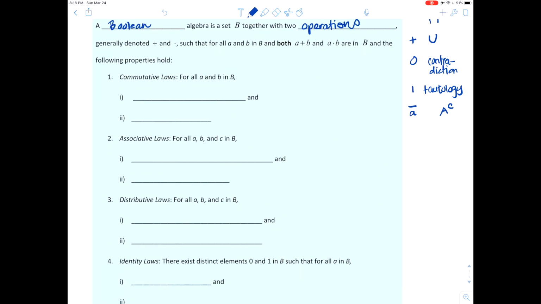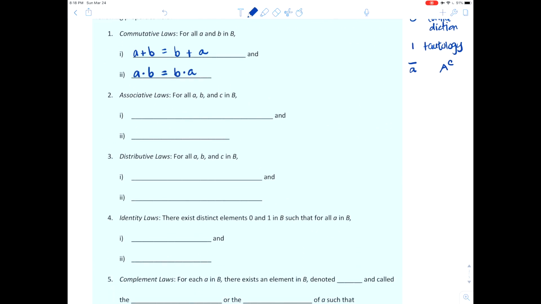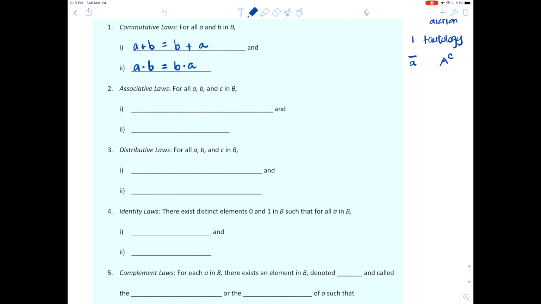I'm going to go through these pretty quickly because you've seen all of these in the other formats. Now it's just getting used to them here. A or B equals B or A, so just get used to saying it like that. The second one is A and B equals B and A. Those are our commutativity laws.